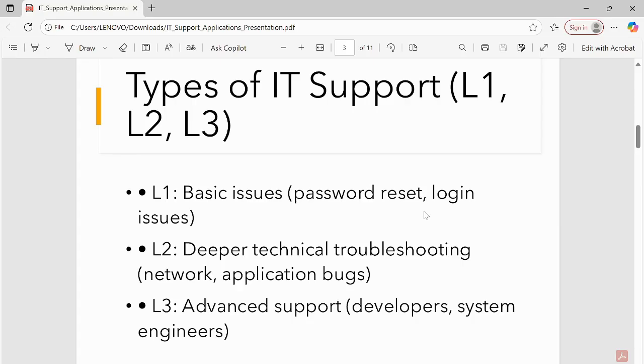L2 is a little bit deeper: technical troubleshooting, like network issues or application bugs.